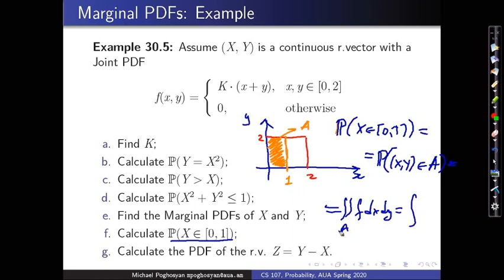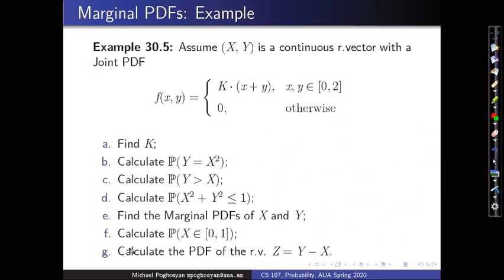And this will give, if I am integrating this over A, x is changing from 0 to 1 dx, and for each fixed x, y is changing from 0 to 2, and f is k times (x plus y) dy. So if you calculate this, you will obtain the same as in the previous method.